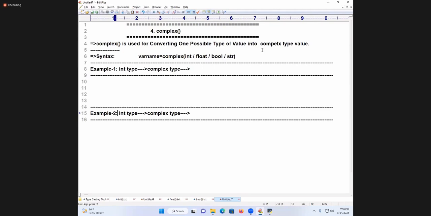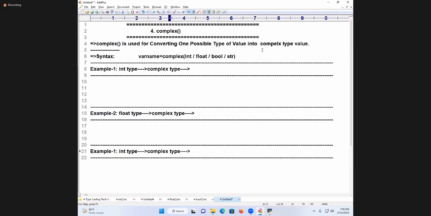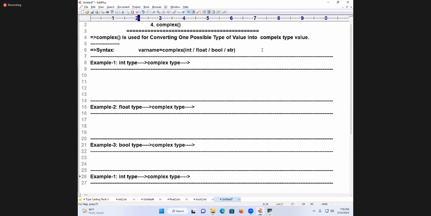Second: float type to complex. Next, third: bool type. We'll take care. Next is called what? STR. STR, I will take it.